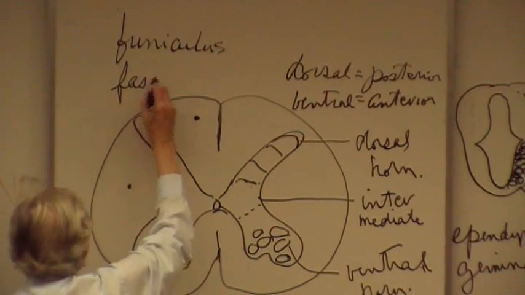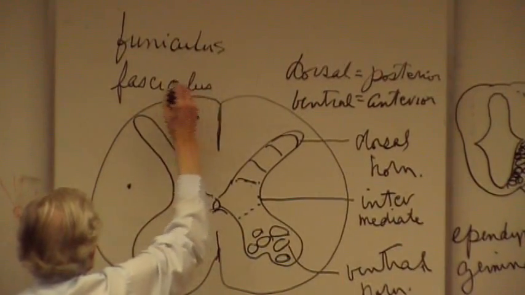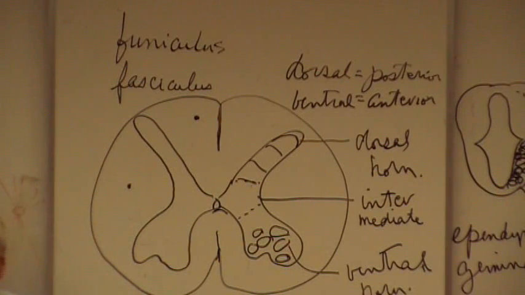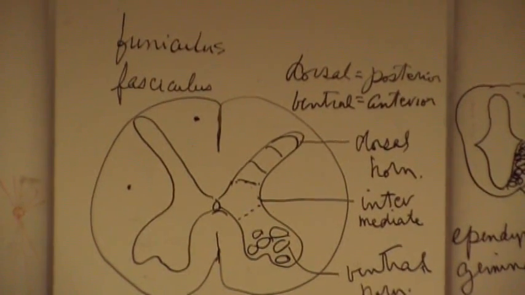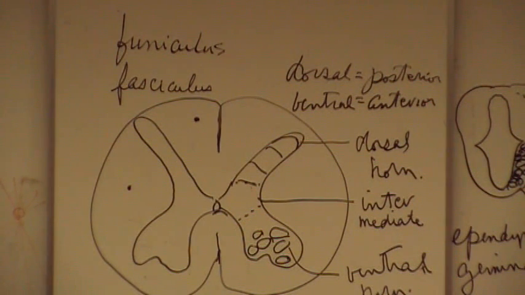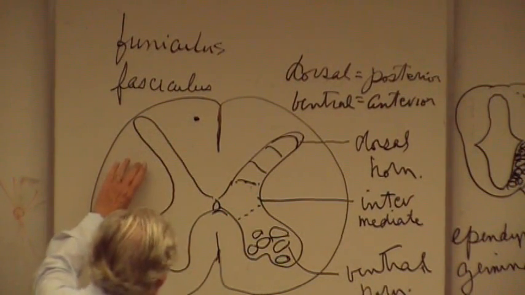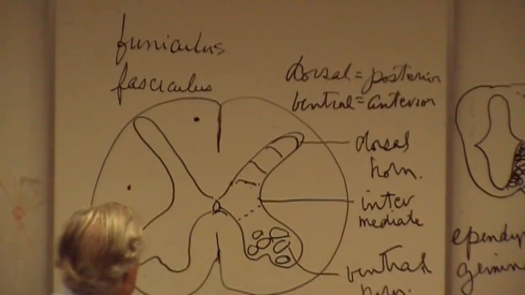Isn't that disgusting? Fasciculus or fasciculi. And it is the fasciculi making up the funiculi which carry modes of information which are specific to the fasciculus we're dealing with. And we're going to learn, as I say, 3 or 4 of these major bundles traveling in the posterior funiculus, the lateral funiculus, the anterior funiculus.